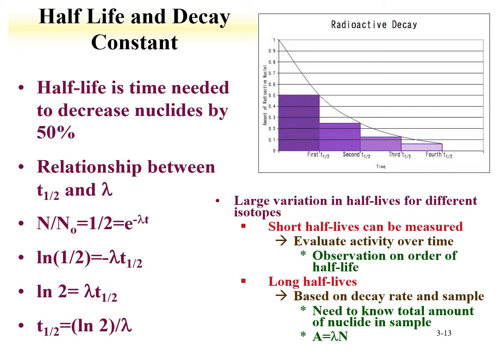There can be large variations in half-lives for different isotopes. Short half-lives can be effectively measured. Imagine if I had something that had a half-life on the order of many minutes to hours. I could use a detector. I could sit and count the decay of that isotope if it was 10 minutes, and I measured a sample every 30 seconds.